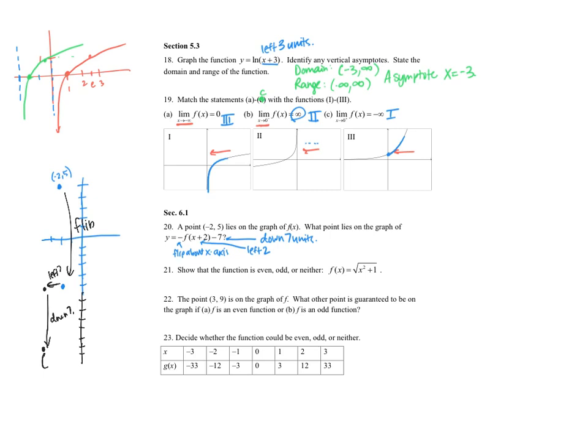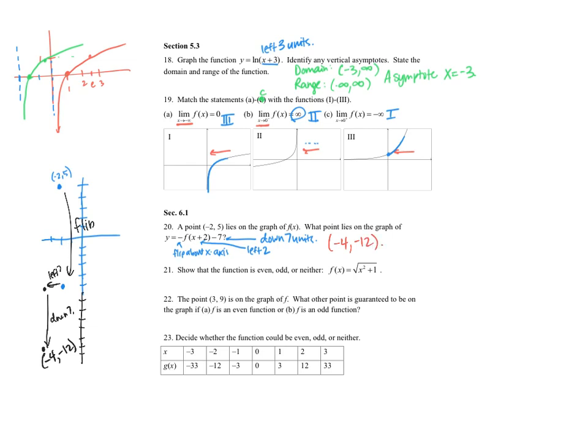So I could see that the x-coordinate of my point is going to be negative 4, and the y-coordinate of my point is going to be, let's see, I was at negative 5, and then I went down 7, so it should be negative 12. Okay. So the point is going to be negative 4, negative 12.